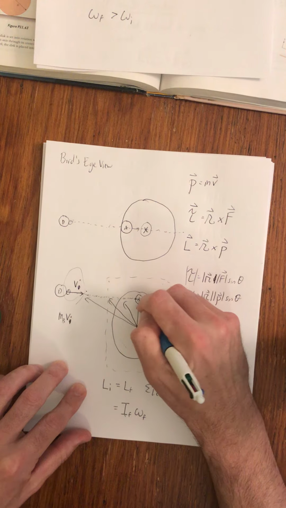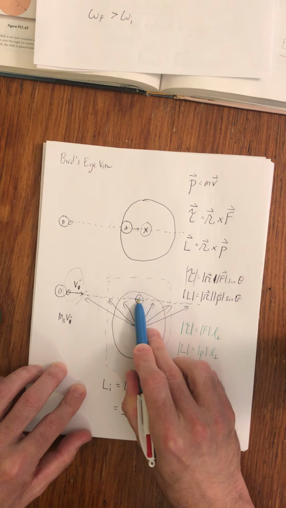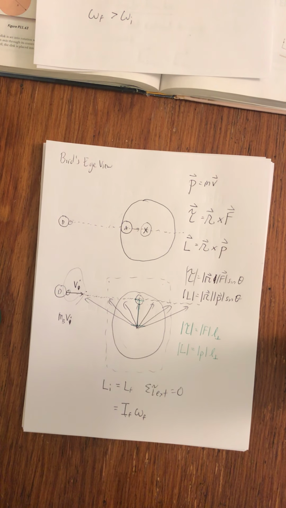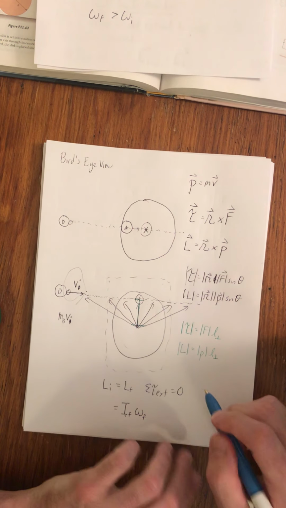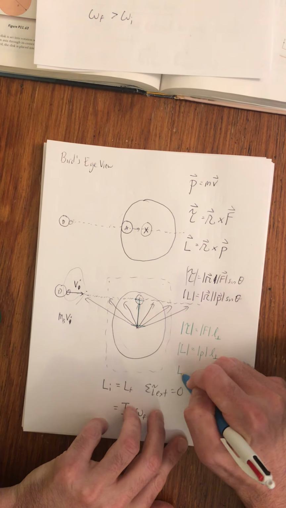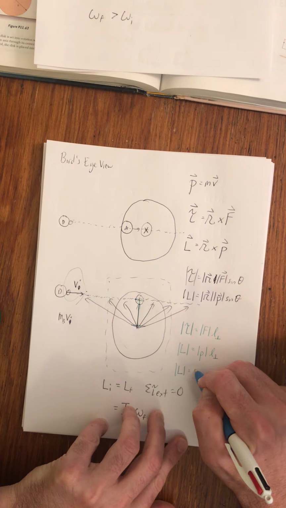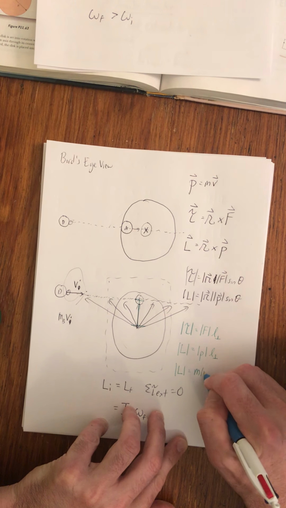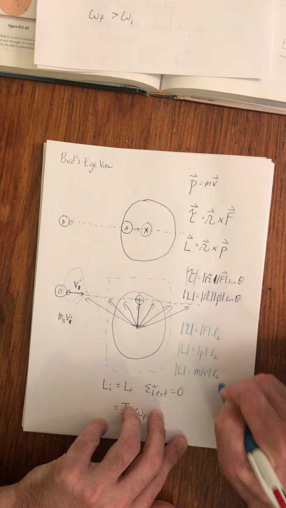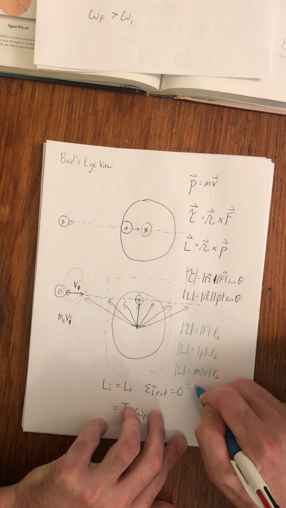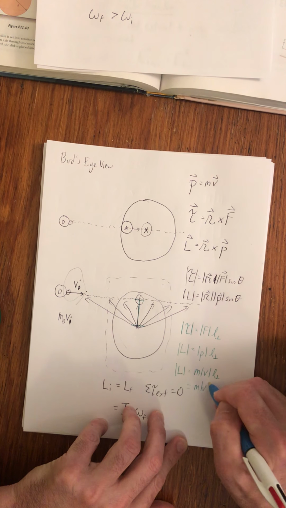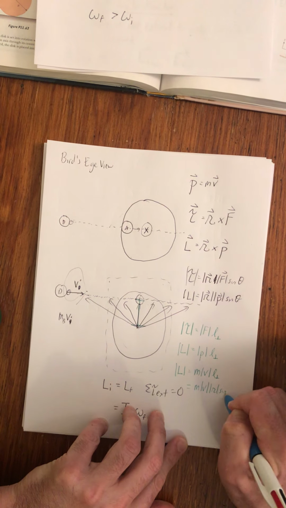In that case, here's that lever arm distance from the axis of rotation out to the line of action of the velocity. And just to make that a little bit simpler, the magnitude of L is equal to m, magnitude of v, L perpendicular. You'll also see that written as magnitude of m, magnitude of v, magnitude of r, sine theta.